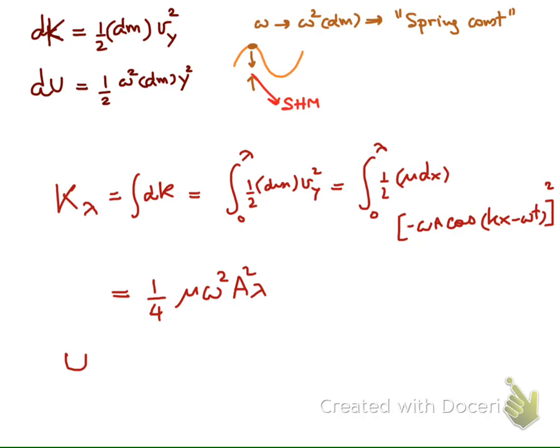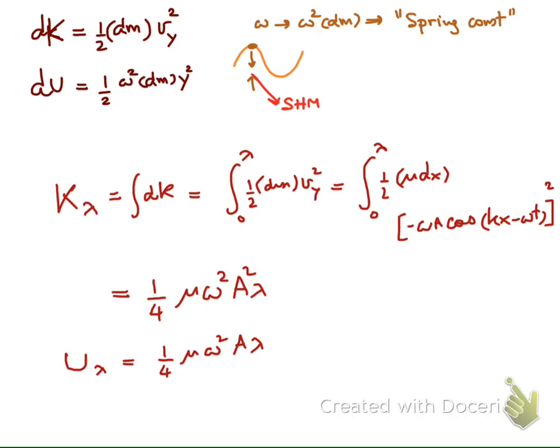But the final result is that the potential energy in one wavelength that the medium received from the wave is one-fourth of mu omega squared A squared lambda.